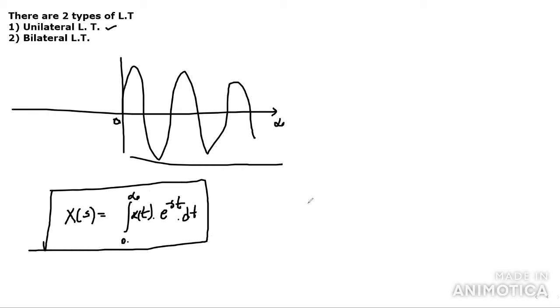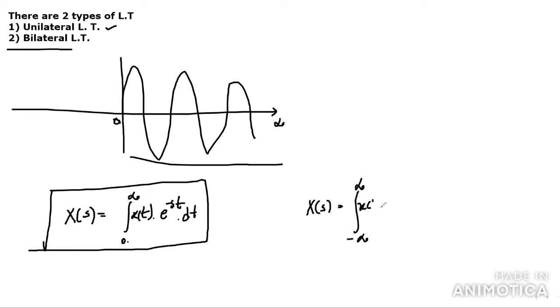If my signal exists from minus infinity to plus infinity, then that is called the bilateral Laplace transform.